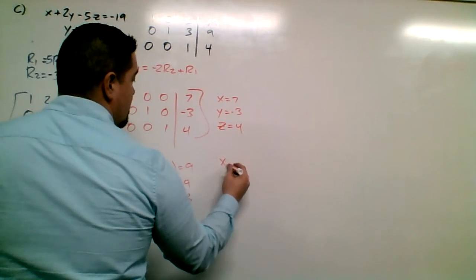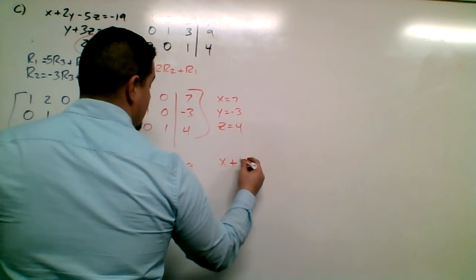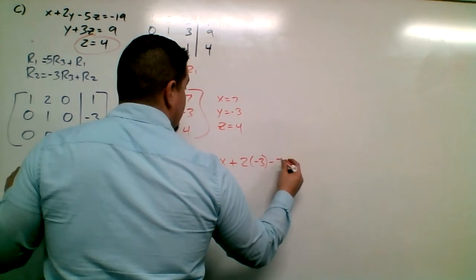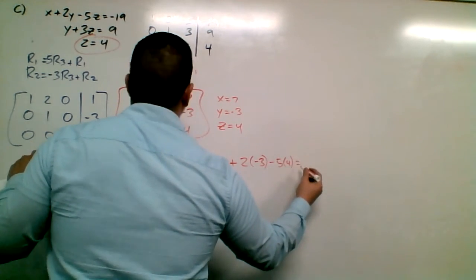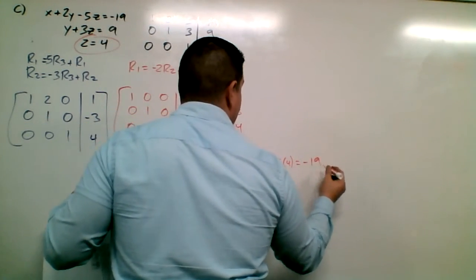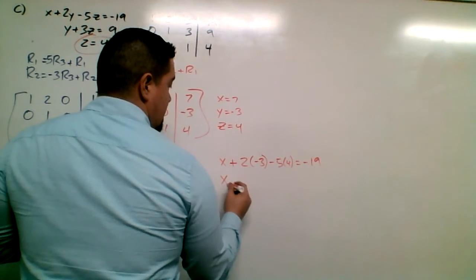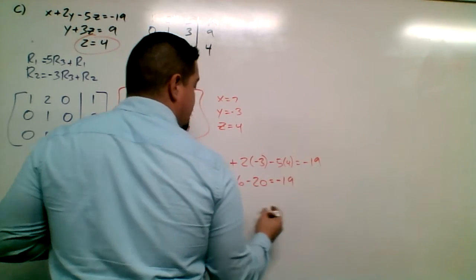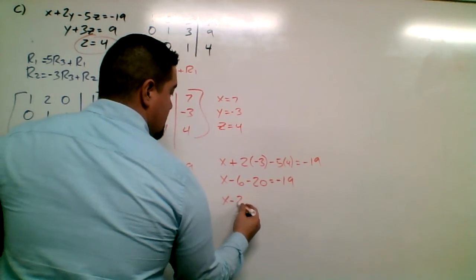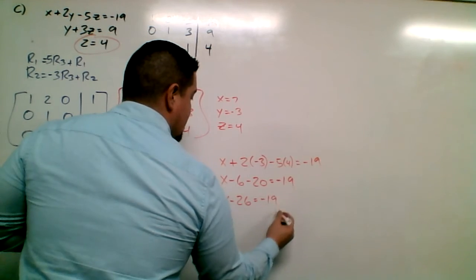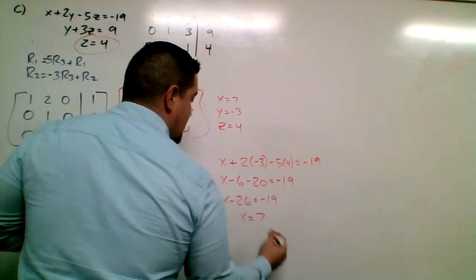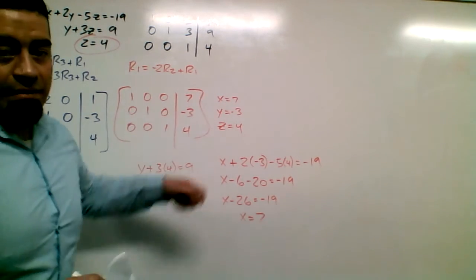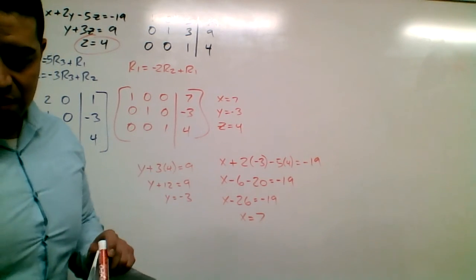So I'm going to do x plus 2 times y, which we found to be -3, minus 5 times 4 equals -19. So this would give us x minus 6 minus 20 equals -19. This would give us x minus 26 equals -19. And then if I add 26 to both sides, I'll end up with 7 as my answer, which matches what we got here. Okay, so that solves that question.